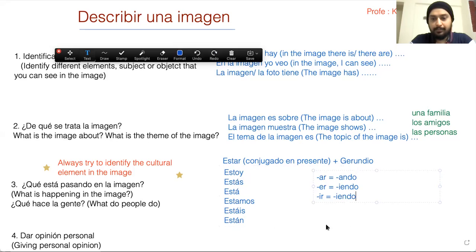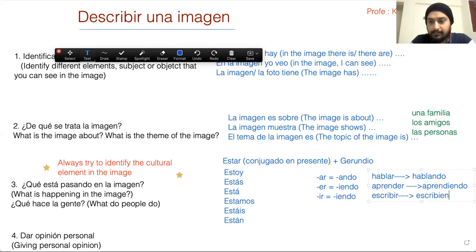Por ejemplo, hablar will change to hablando. Aprender will change to aprendiendo. Escribir changes to escribiendo. Okay, let's take an example.